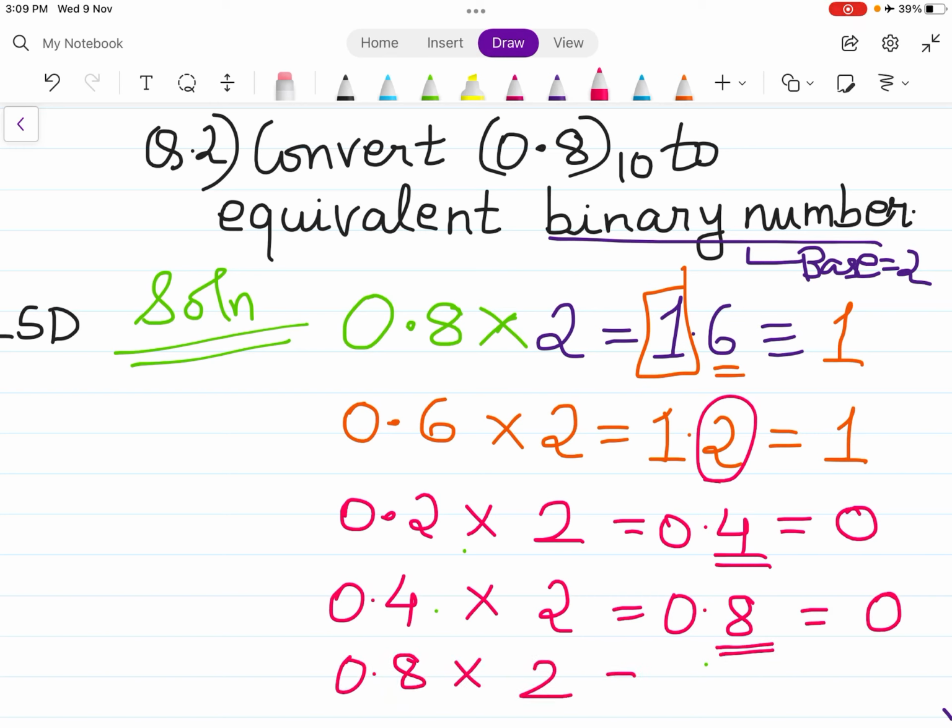You stop here because this number has repeated. According to step number 5, this is our LSD. So 0.8 to the base 10 will be 0.11001 to the base 2.